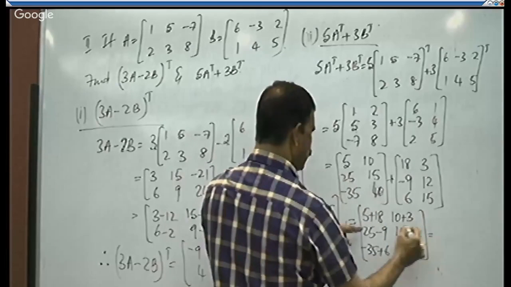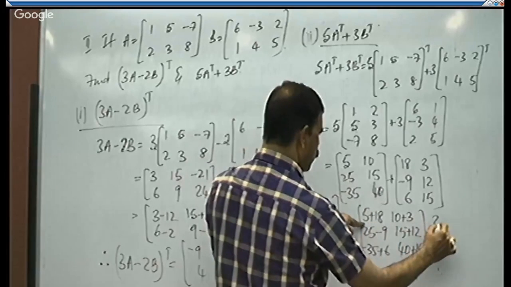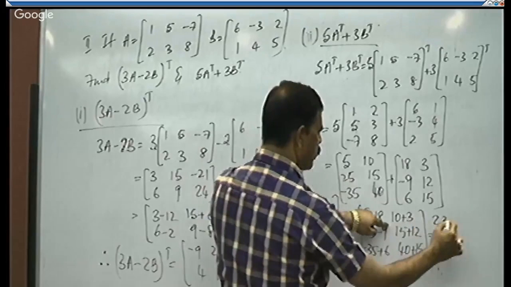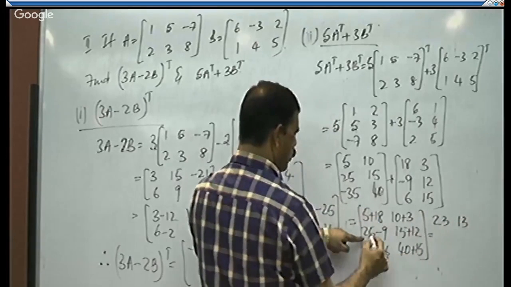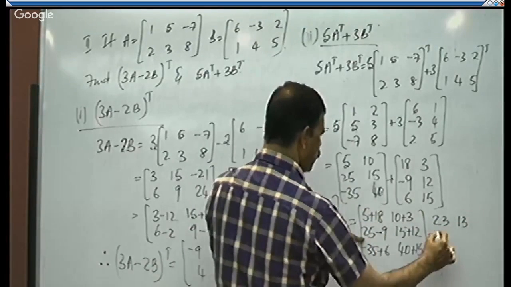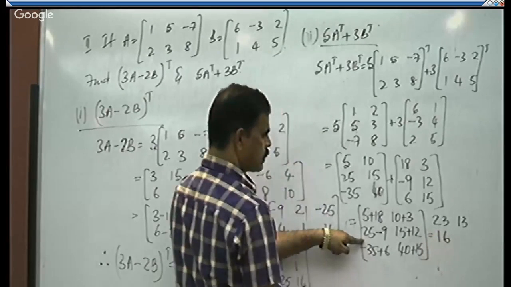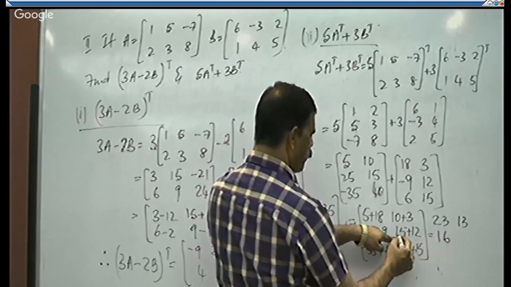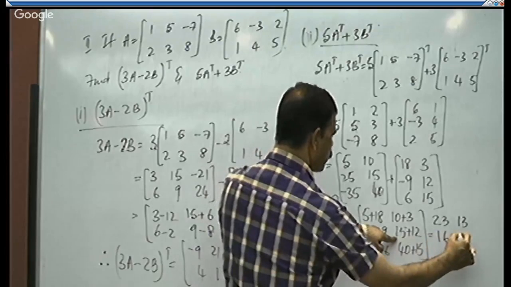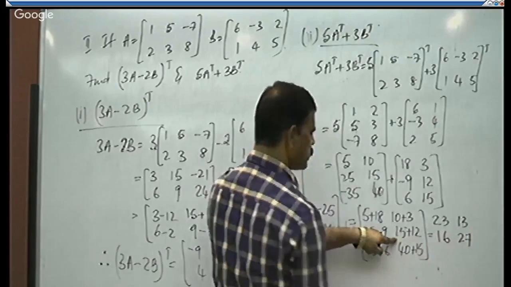Finally, you will get 5 plus 18, 23, 10 plus 3, 13, 25 minus 9, it is 16, 15 plus 12, it is 27.